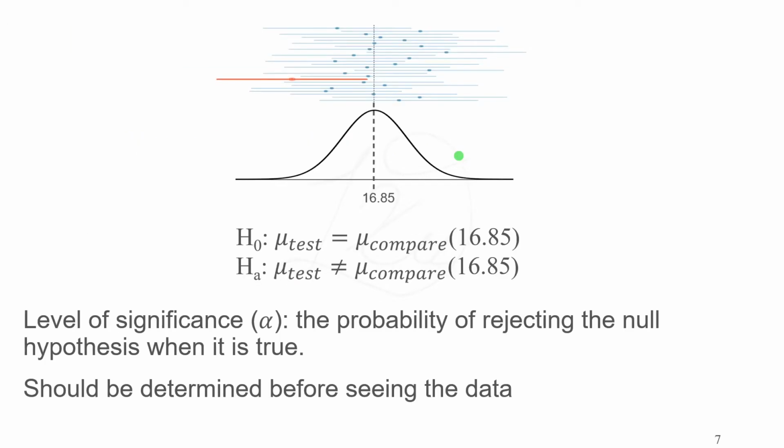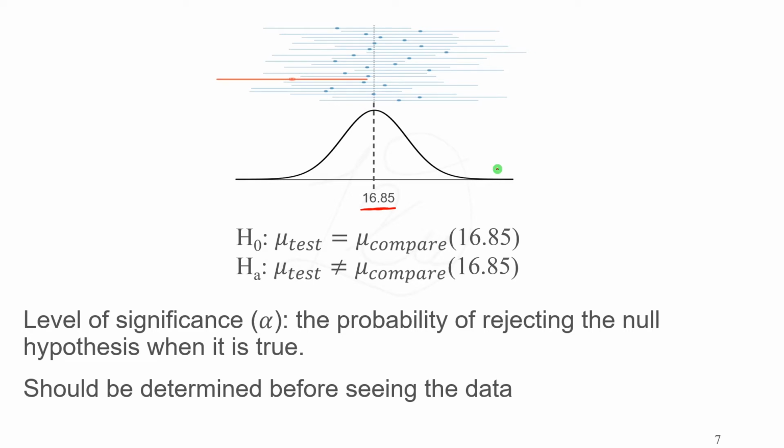What we do now is assume mu test equals mu compare, that is 16.85. We can take 10 random samples, perform the strength test, and compute the average. If we did this exact same experiment a bunch of times, recall that based on the central limit theorem, the sample average distribution is a bell-shaped t-distribution.